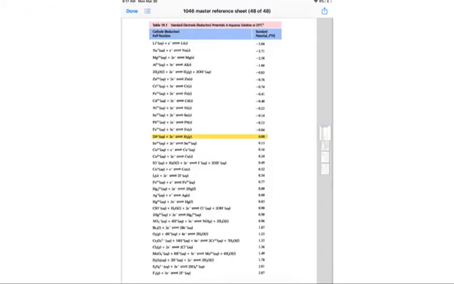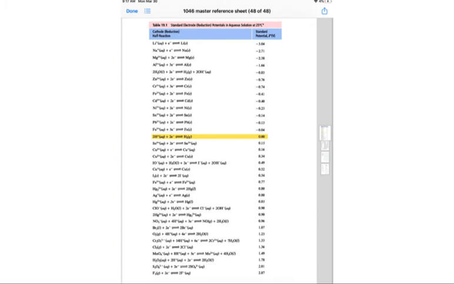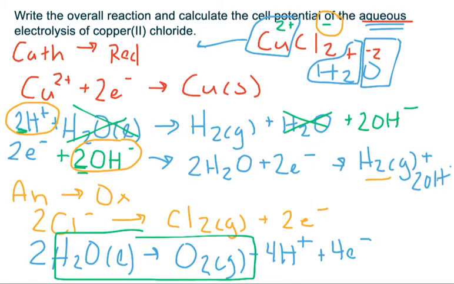Now, be careful because hydrogen, oxygen, water, they appear a lot on here, but we knew right from the get-go that we needed water to turn into oxygen, right? So if we go over here, we can find water turning into oxygen, and then that shows you the rest of the reaction. We need those 4 hydrogen ions and those 4 electrons, which we found by balancing it here.